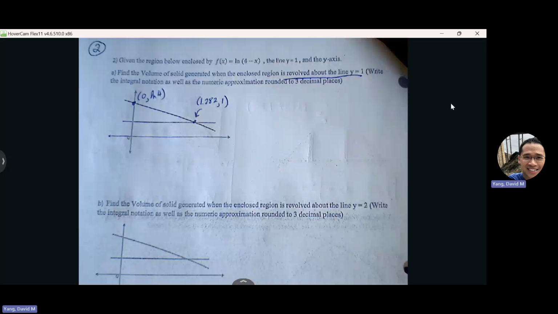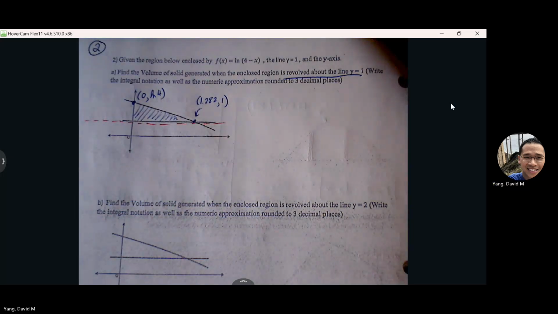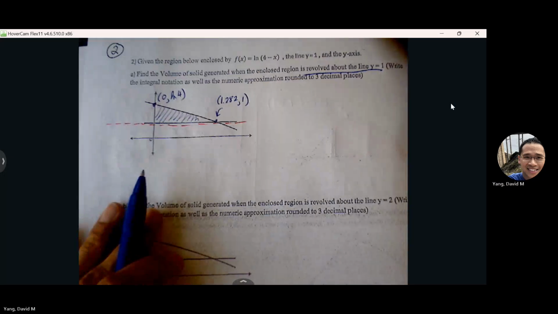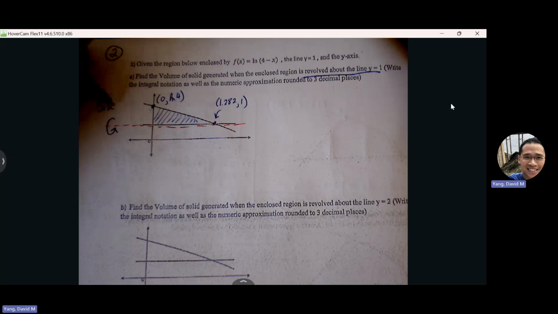Okay, rotating about the line y equals 1. Here's my shaded region. Okay, rotation. Now this is what? This is this method. Okay, so notice the dotted line.